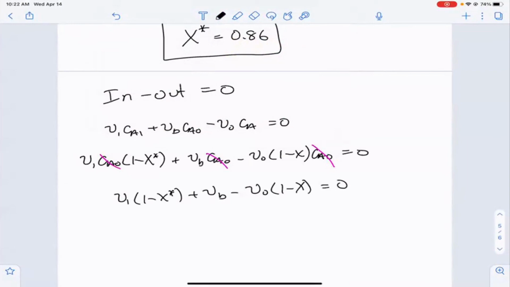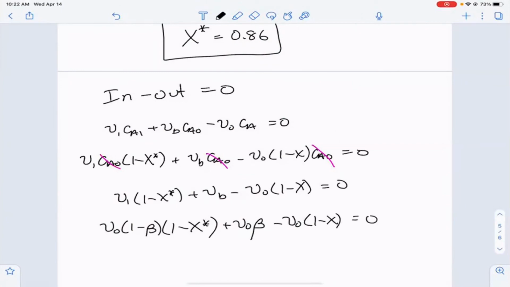So now let's take a look at these V0s just a little bit. Well, V1 we know is V0 times 1 minus beta times 1 minus that intermediate conversion plus V0 times beta minus V0 times 1 minus X is equal to 0.